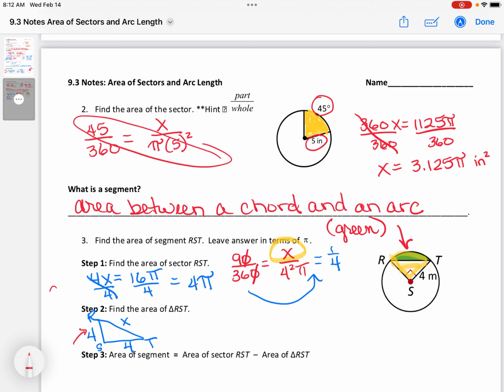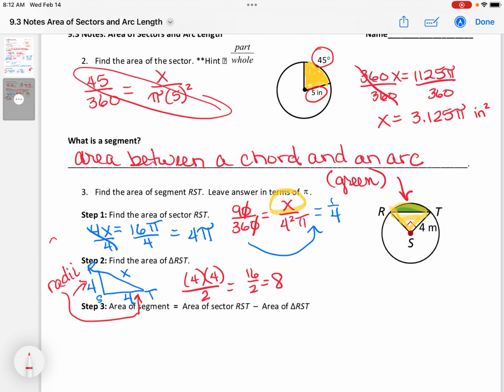So the reason I know this and this are the same is because they are both radii. So I have base times height divided by 2. So it's 16 divided by 2, which is 8.